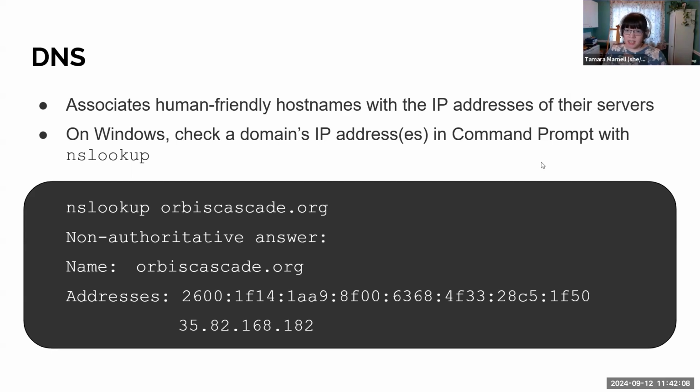It's called cmd.exe somewhere in the program files, and the command is nslookup. So if you were to type in nslookup orbiscascade.org, you're going to get this answer showing you the 2 IP addresses that I previously used as examples. Those are the address of our WordPress server.